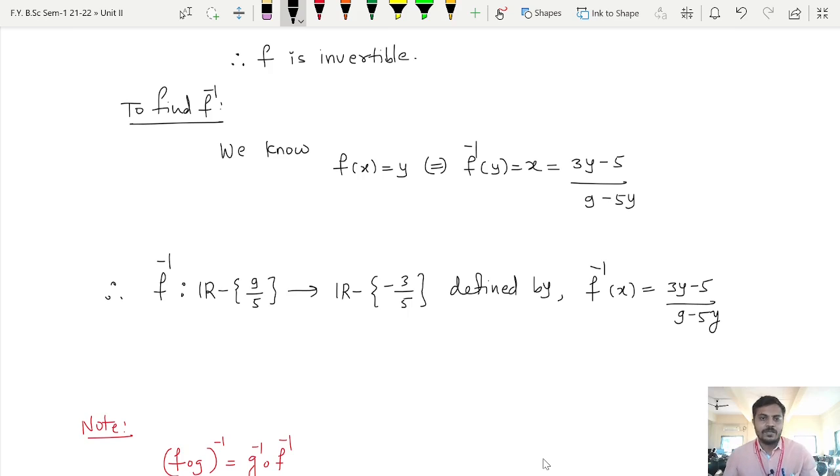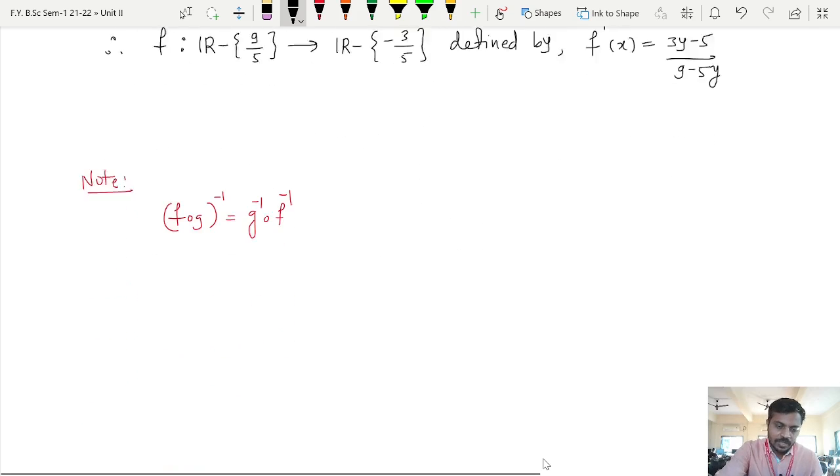So here in this lecture we have seen the definition of an invertible function, and we have seen some examples on that, and there is one interesting note as well.